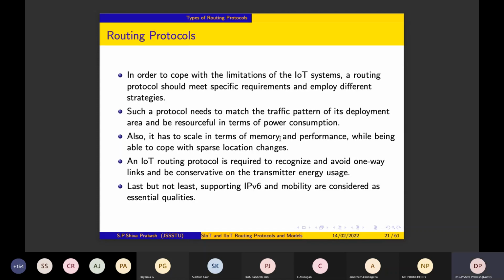So an IoT routing protocol is required to recognize and avoid one-way links and be conservative on transmitter energy usage. Finally, we have to choose a protocol that supports IPv6, and mobility support is very, very important. That has to be considered as an essential quality.